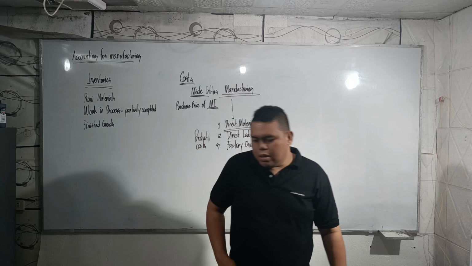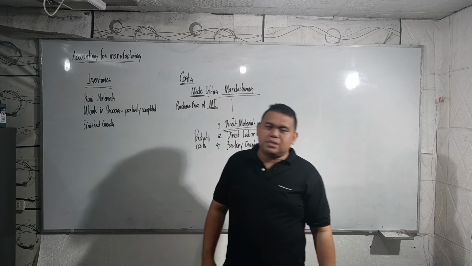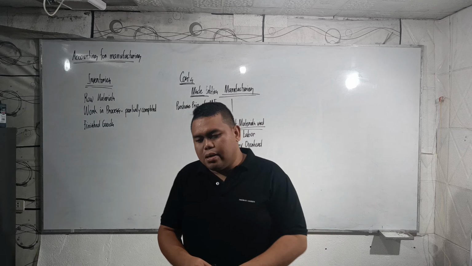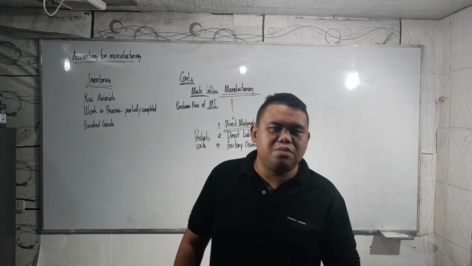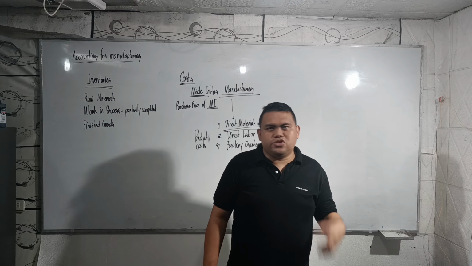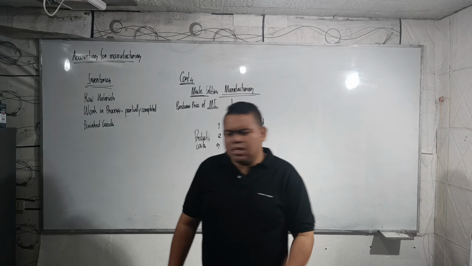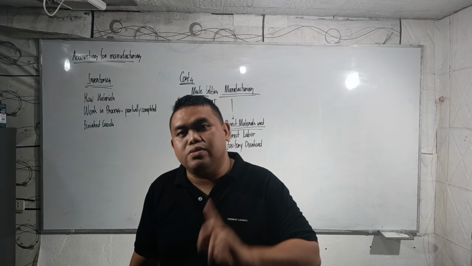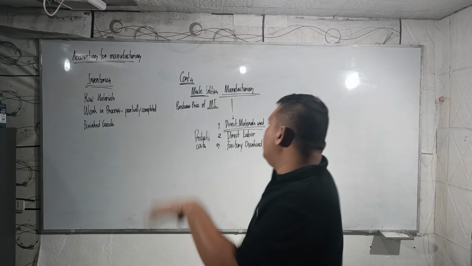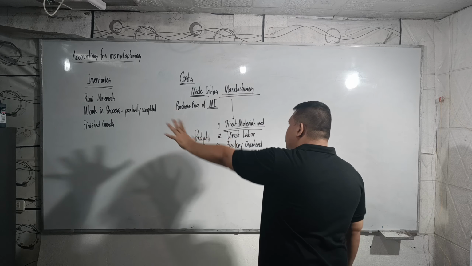For example, the concept of operating expenses being subdivided into selling expenses and general and administrative expenses is basically the same with merchandising. Okay? So let's focus here on these three.